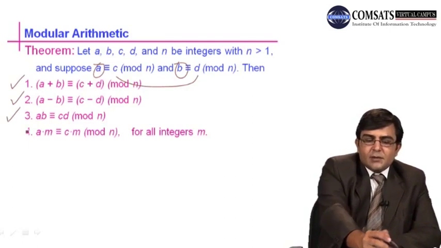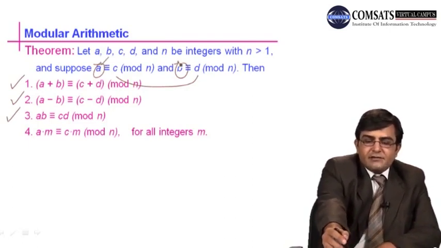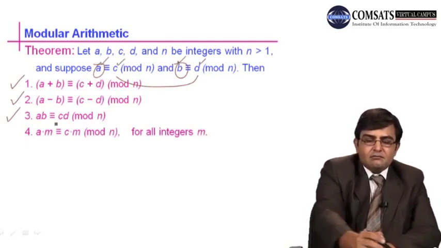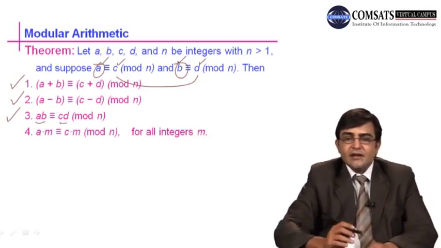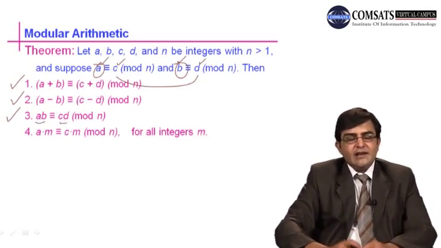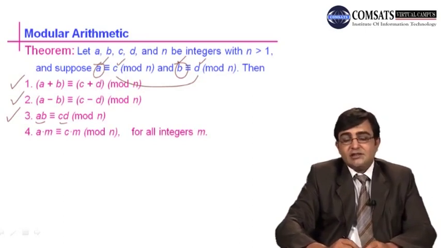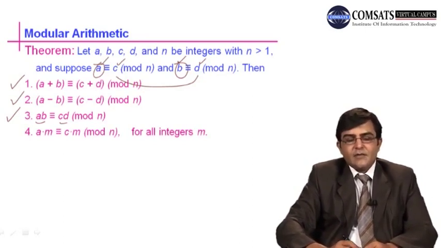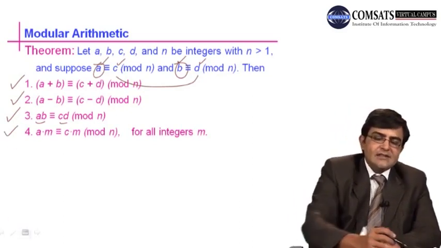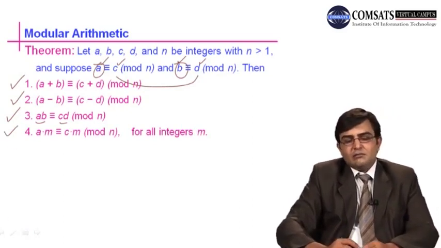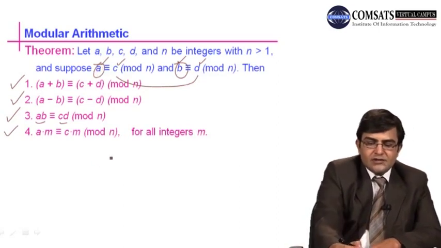And in this property we can multiply the first and second. This is what is given here: ab is congruent to cd mod n. The fourth property tells us that we can multiply on both sides.